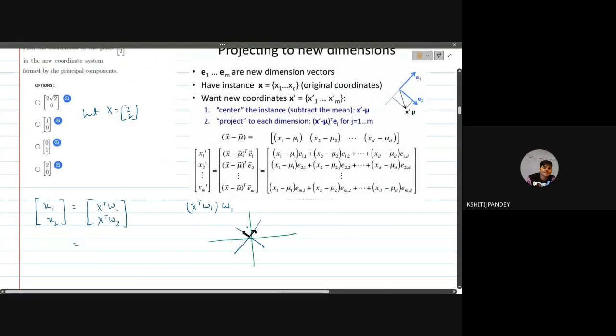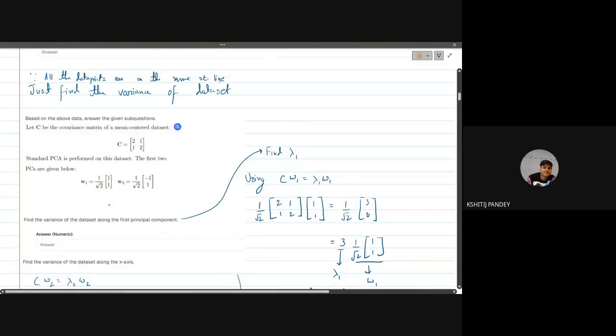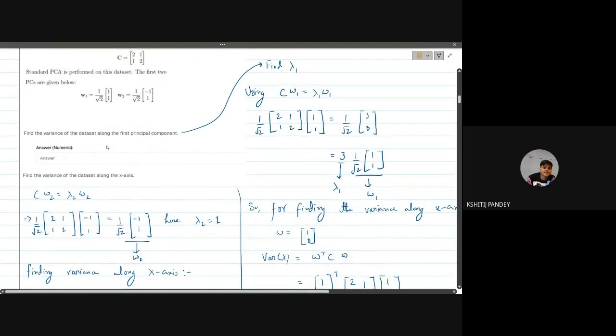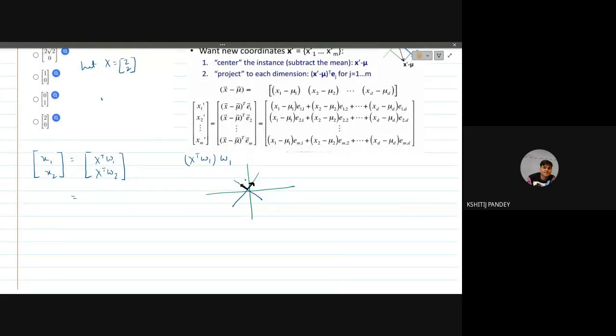So now what is X transpose W1? X is (2, 2), and W1 is (1 by root 2, 1 by root 2).